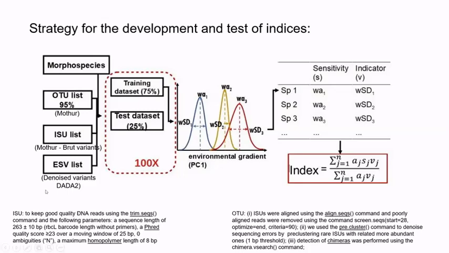So the training is to develop these environmental gradients, so it's to define this ecological profile for each morphological species, or each OTU, or each ISV, and a test data set, so really a naive data set where we can apply these new indices. And then he compared all that. He compared that to the pollution that we could find in the river.